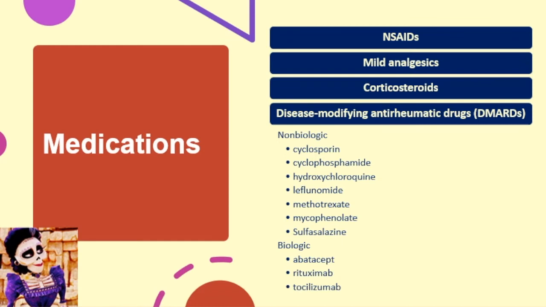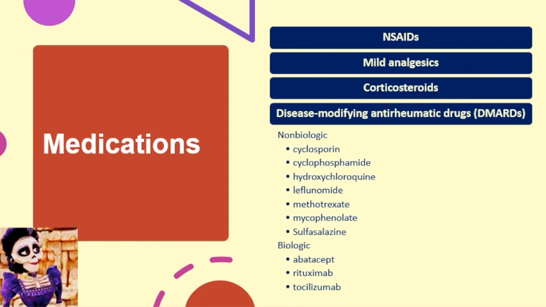Okay, for this patient, our problem is still pain. So that's why you can see the list of medications. Still focus on analgesics, your mild analgesics again. Then you have your NSAIDs, and then your corticosteroids. Of course, since this is autoimmune, we will be able to use disease-modifying anti-rheumatic drugs, which are classified into two. You have your non-biologic, and then you have your biologic.